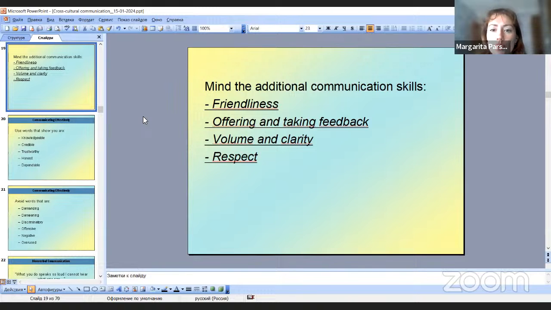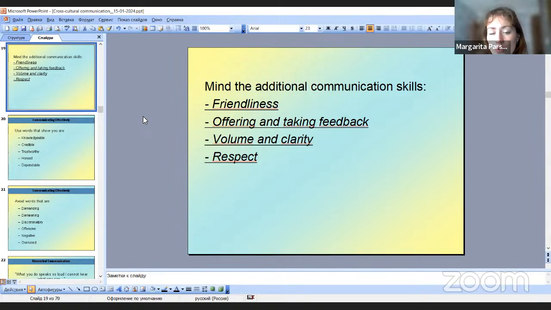Clarity means saying what you're saying in simple words, so that your words are understandable for the other people in this communication process.